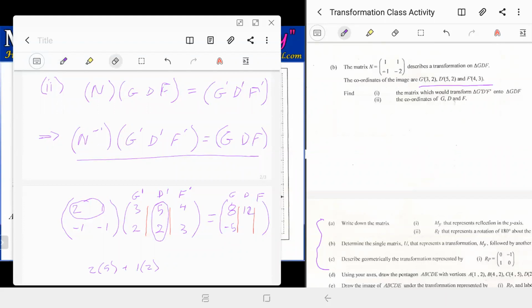And then the second value down here is this row times this column. So it's -1 times 5 and -1 times 2. So that becomes -7. So the value right here is -7. All right.